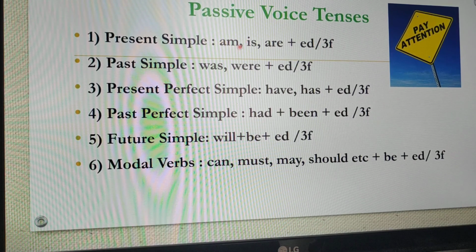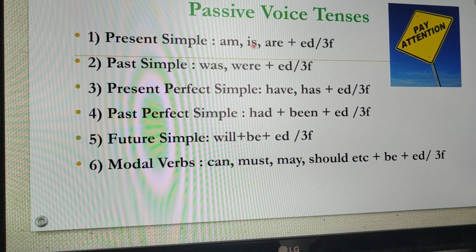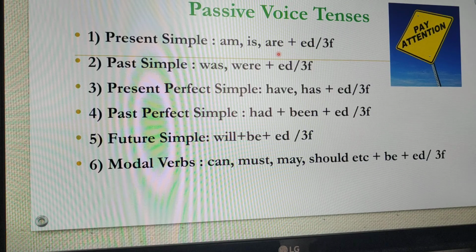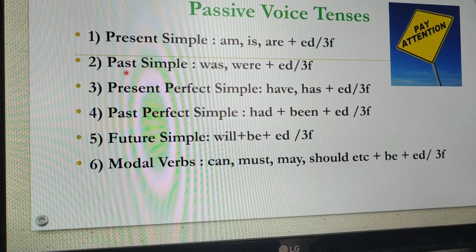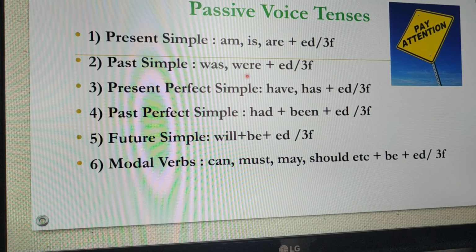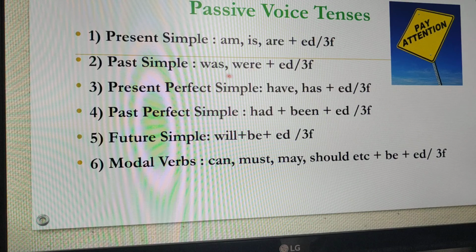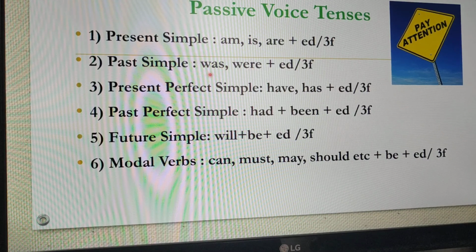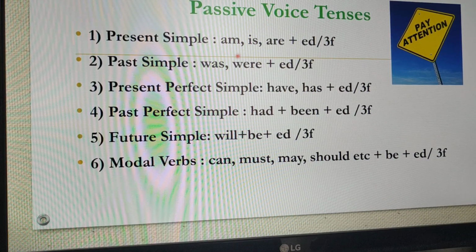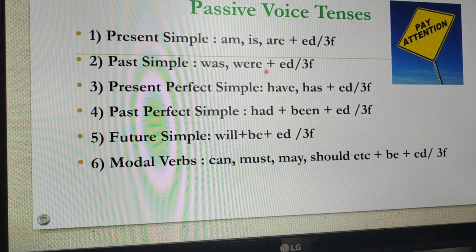Am we use for I, is for he, she, it, are for we, you, they. The second tense is past simple, and its formula: was, were, plus the ending ed for the regular verbs, and the third form for the irregular ones. We use was when we have singular and were when we have plural.